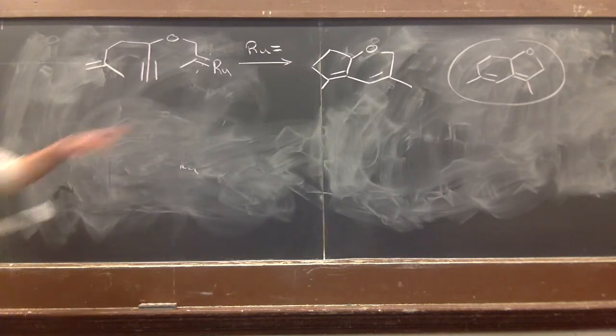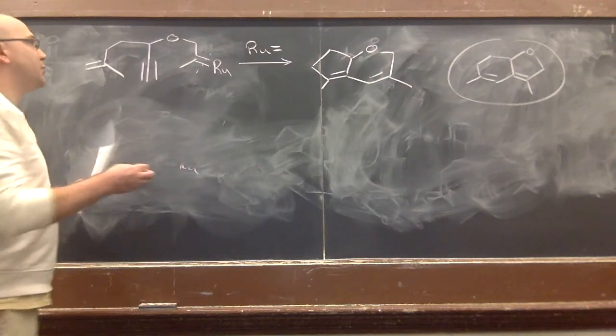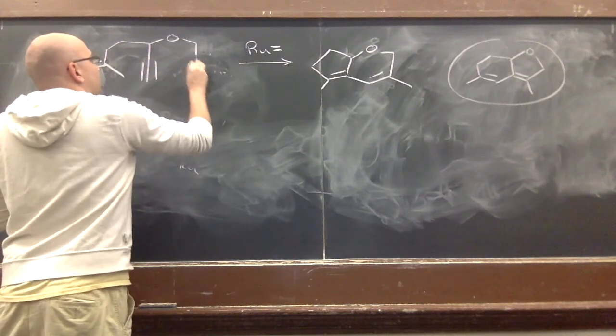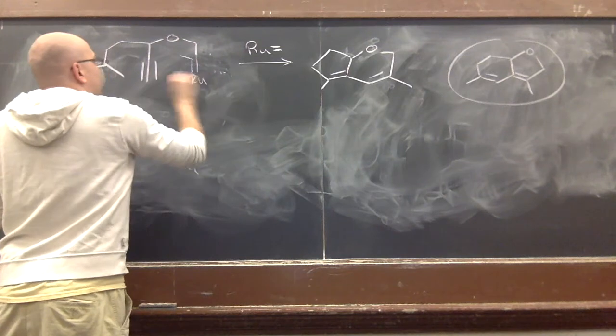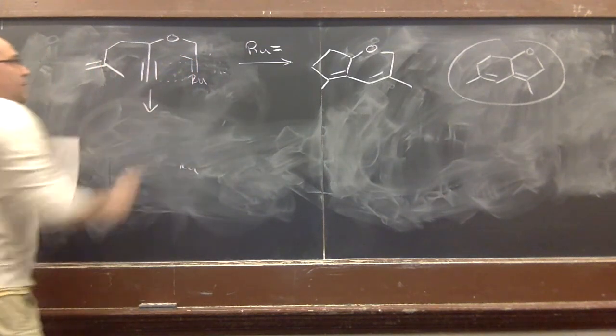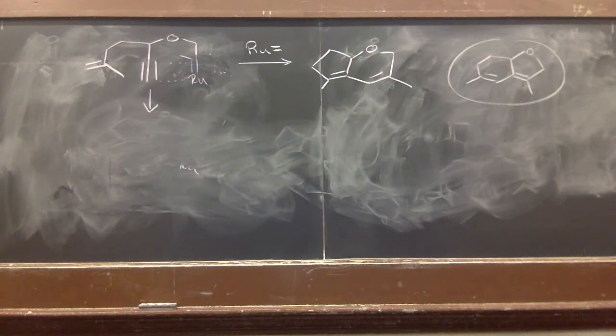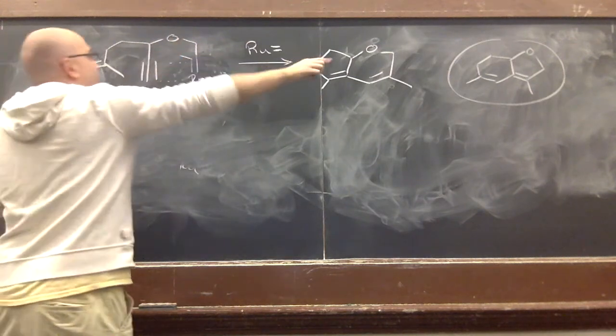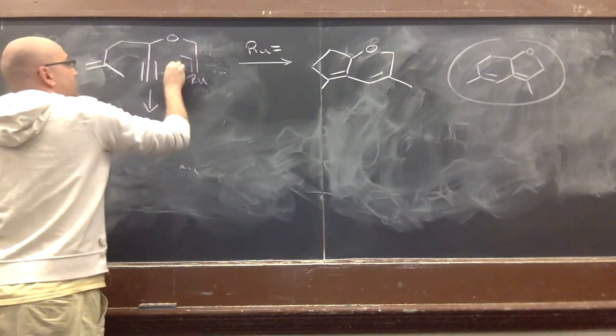So again, what are we going to do here? We're going to basically do that 2 plus 2. Okay, right away we notice a significant difference here, right? Because now the ring that's forming here is going to be the 5-membered ring that we see over that way. So if we do the 2 plus 2.